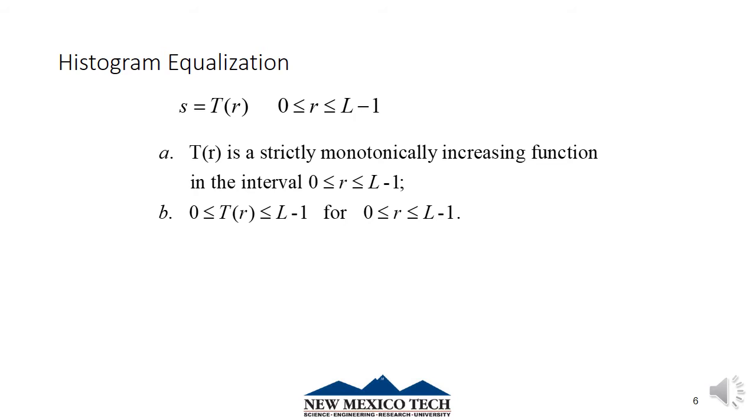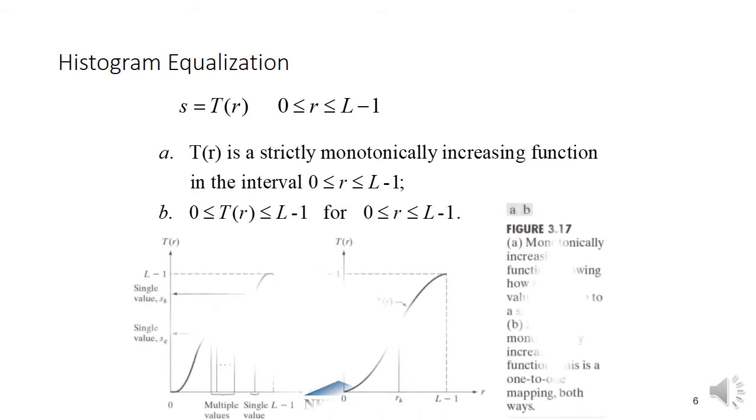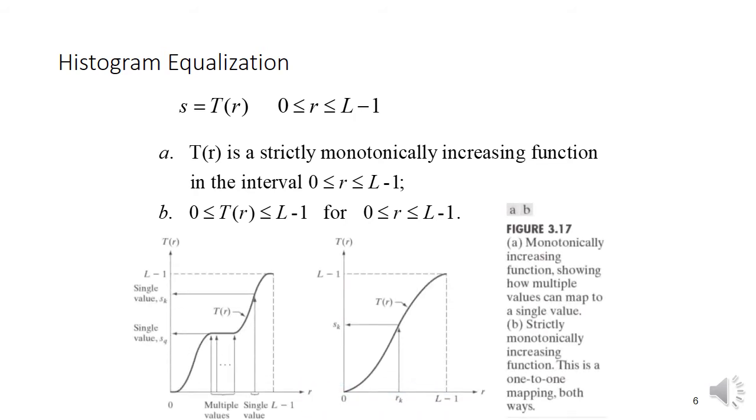This increase in intensity is on the interval 0 to 255, and it is strictly monotonically increasing. We are going to define this strict monotonic increase in this example, but before that you need to know the second point.